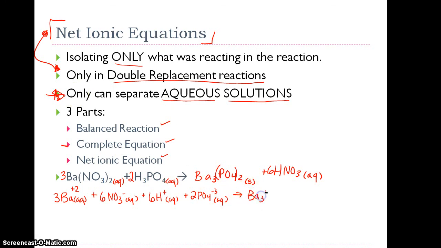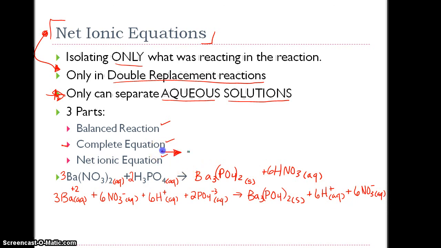So it's Ba3(PO4)2 solid plus, here we go, this is aqueous, 6H positive ions that are aqueous plus 6NO3 negative aqueous.